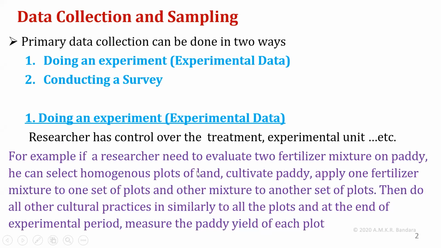In the previous example, we can change the fertilizer and keep all other things constant. We can apply the same amount of water to all paddy fields, manage pests and diseases in a similar way, and apply weedicide and control weeds in a similar manner. All these things we can control in the experiment.